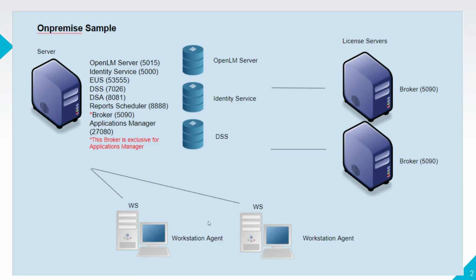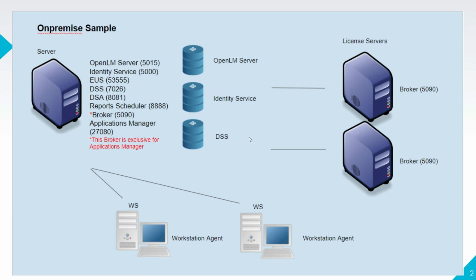And then the workstation agent, if you install it on each target machine, can monitor the registered application process, detect the active time and idle time, and report to the OpenLM server. The OpenLM server has a browser UI, which will display the report from those records in a nice, user-friendly report. So that's the main structure of OpenLM.